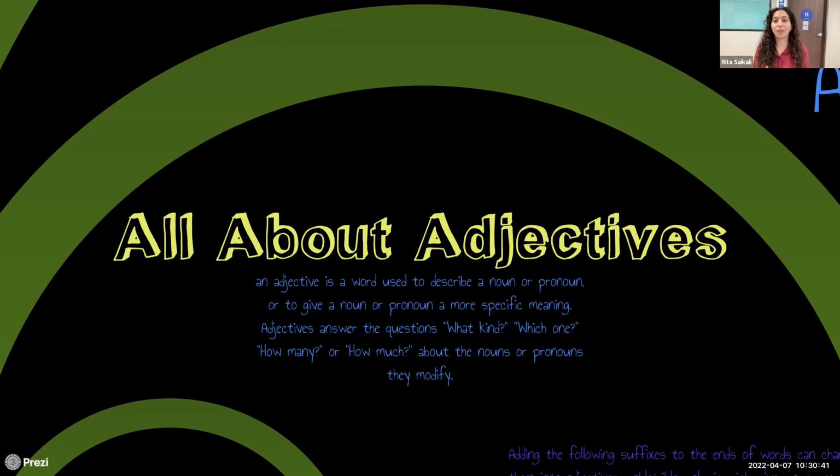So if you want to know which word in the sentence is the adjective, you have to ask the question, what kind? Okay. And you put that into that sentence too. So you can answer the question, what kind, which one, how many, how much. These are all questions that help modify a noun.